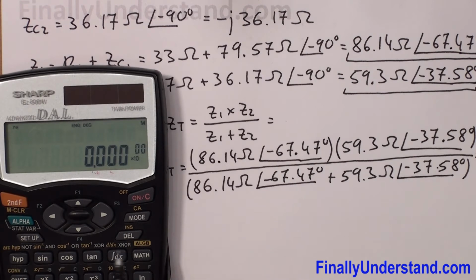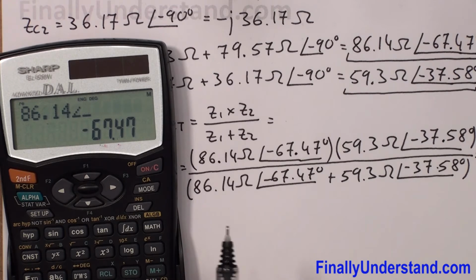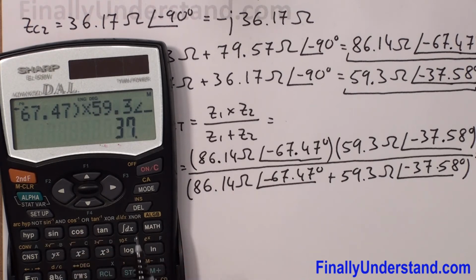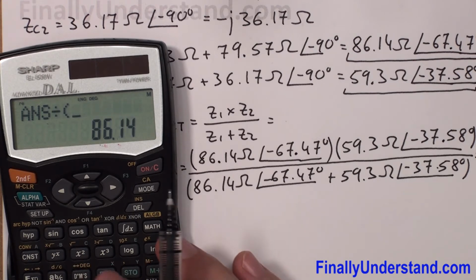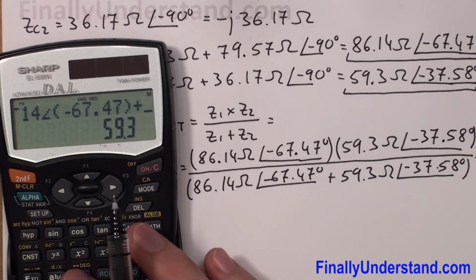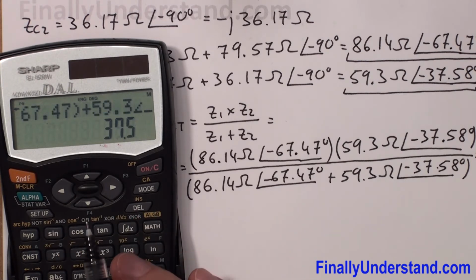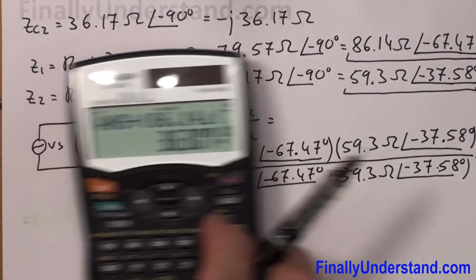So we have 86.14 angle of negative 67.47 times 59.3 an angle of negative 37.58 equals, divide by open parenthesis, 86.14 an angle of negative 67.47 plus 59.3 an angle of negative 37.58, close parenthesis. This is equal 36.3 ohms.